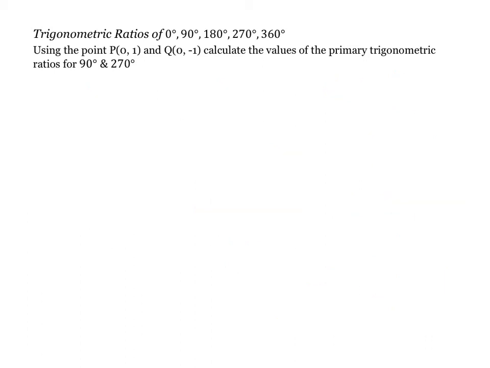Okay, so let's look carefully at this question. It says, use the points P and Q to calculate the primary trigonometric ratios for 90 and 270 degrees. So let's draw this in. So here are our axes. P is (0, 1), so that's here, and Q is (0, -1).